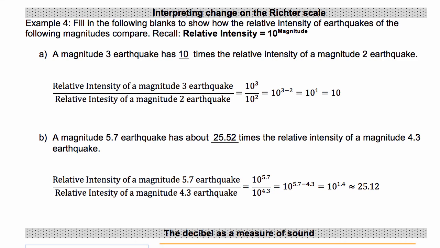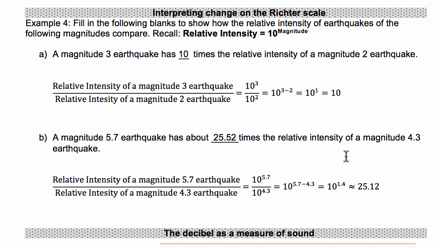The reason knowing how to do this conversion is important for the average citizen is that earthquakes are generally reported to the public in terms of magnitude. And a 4.3 earthquake doesn't seem much smaller than a 5.7 earthquake. The difference in magnitude is just 1.4 units.